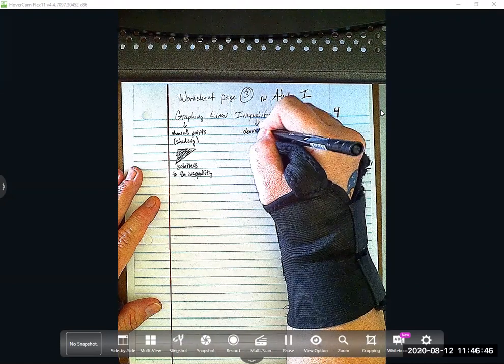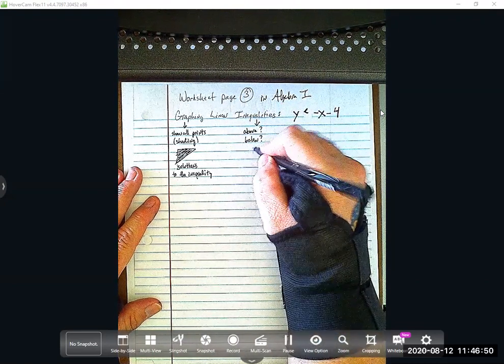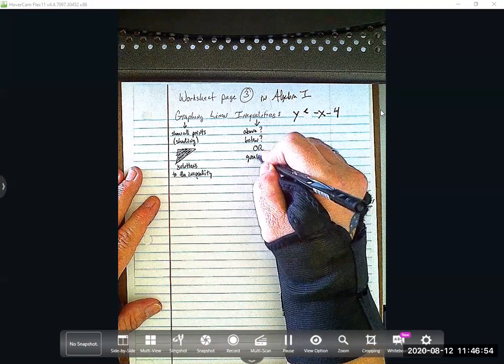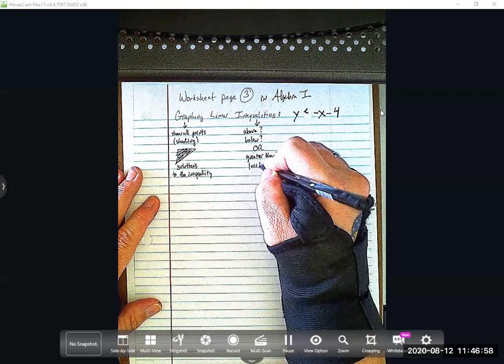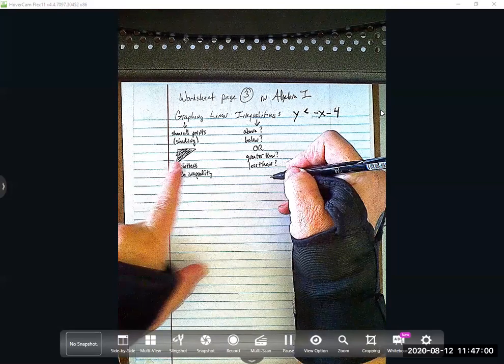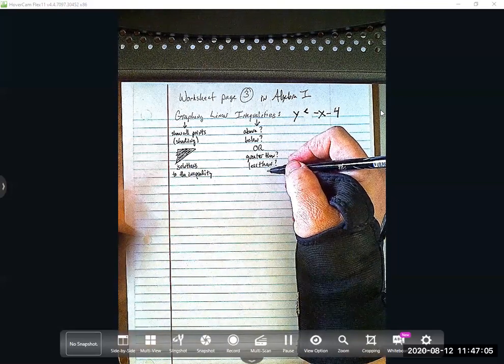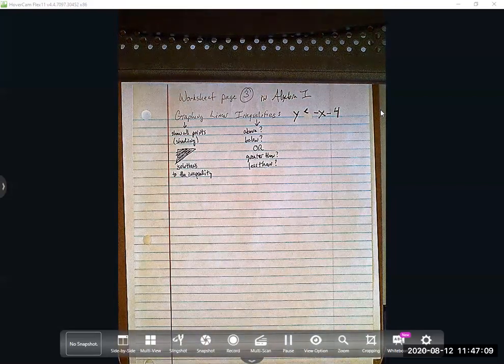Are we looking for stuff above or below? Another way of saying it is if it's above, it's greater than or less than. And when it's shaded like this, then you would assume it's above because the line would be going across diagonally. And that's where the linear part comes in.